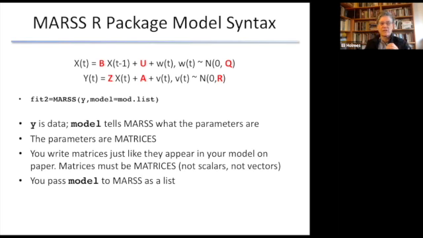The model specification is not going to be exactly the same, but under the hood, it's got this same framework. As always, what we want to do is specify the parameters and pass them in as a list. Everything needs to be matrices.